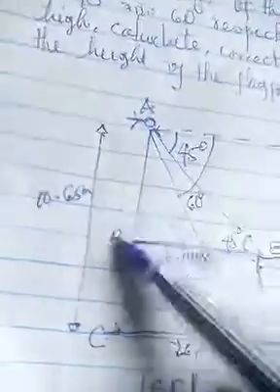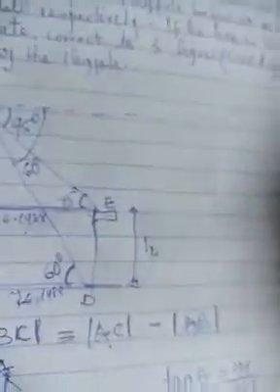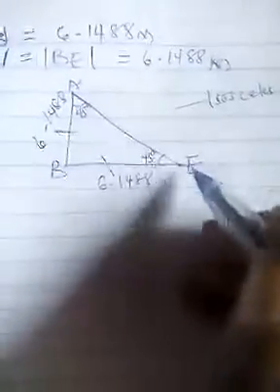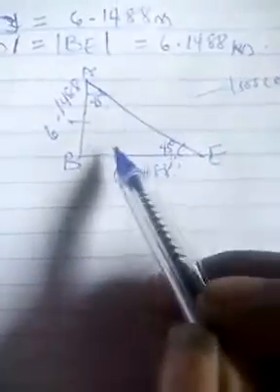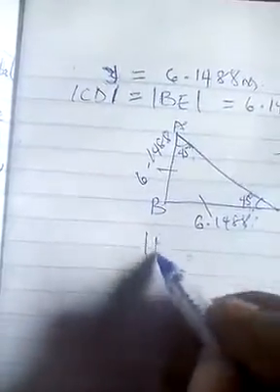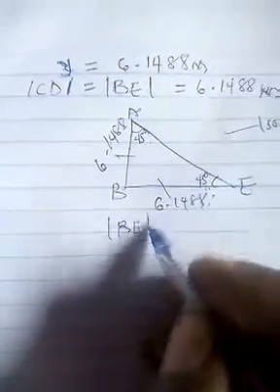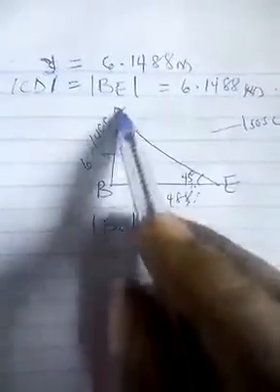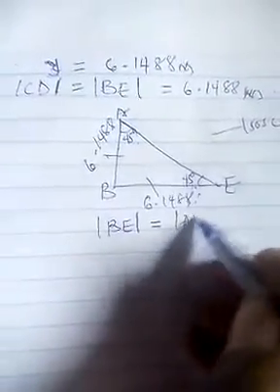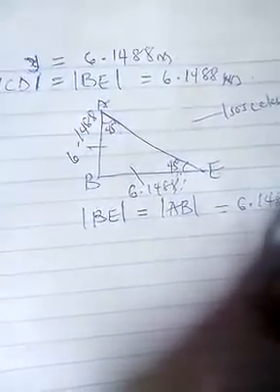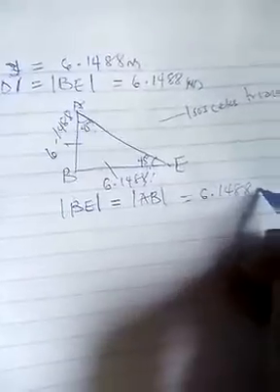That triangle is ABE. So definitely if length BE is 6.1488, then same thing with length AB. So length AB will also be 6.1488. Okay, we are getting closer to the end of the answer.